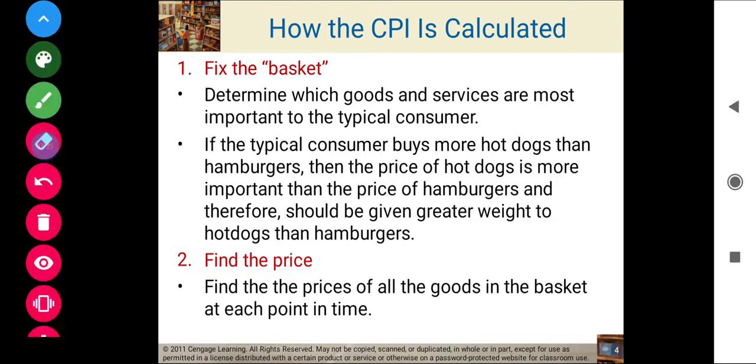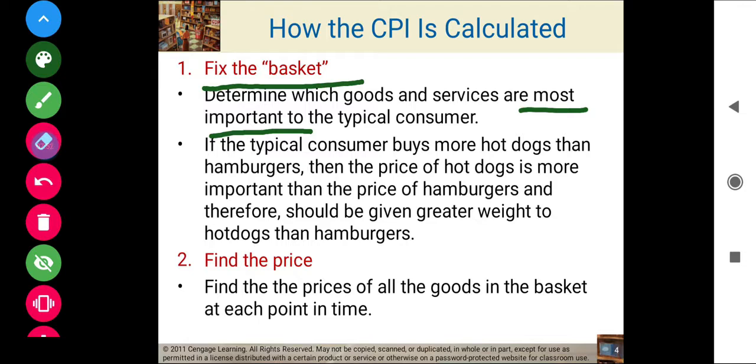The first step is to fix the basket. Determine which goods and services are most important to the typical consumer. For example, there are two kinds of goods, hot dogs and hamburgers.